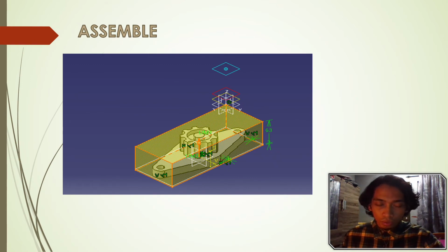Alright, so we are moving forward to the next slide. It is assembly. After we are done with the plan system and the plan system is ready, we go to the start command and select the assemble section, then go to insert and select existing component, click on the product and a pop-up will appear.